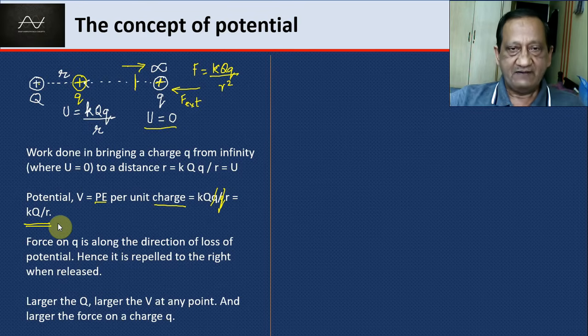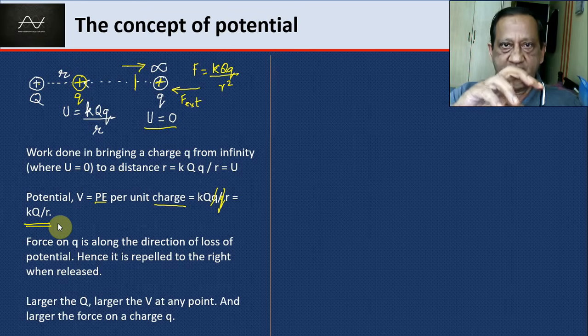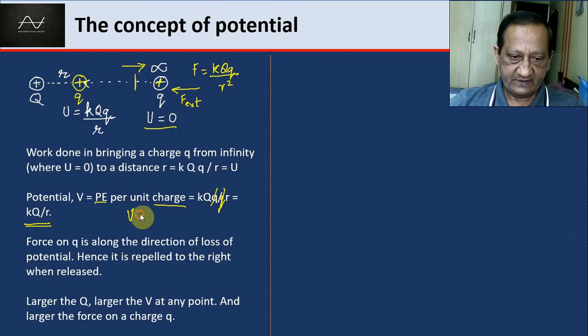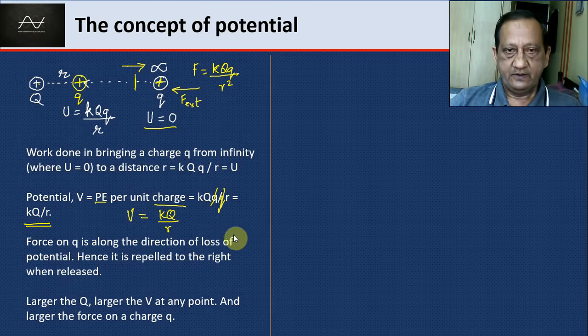So you have a charge capital Q. You talk of any point at a distance R, you have the potential there. Now look at this potential function, let me write it once again, KQ by R. Smaller the R, larger the potential.